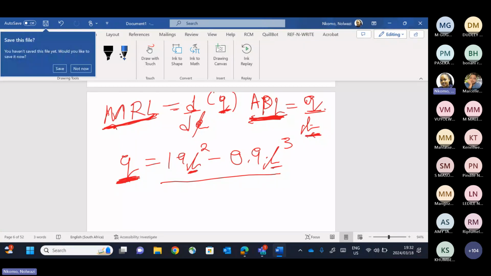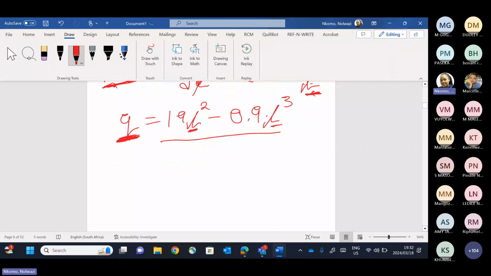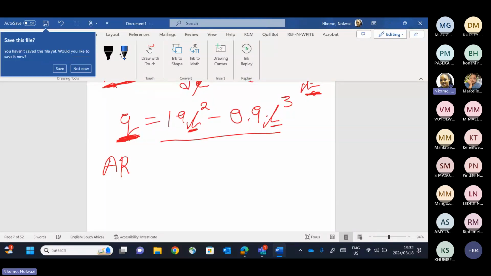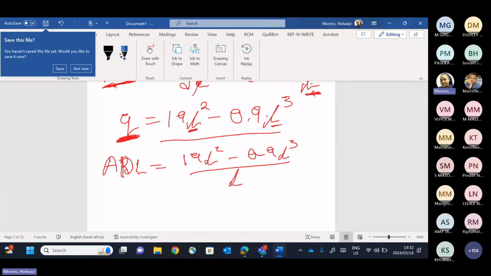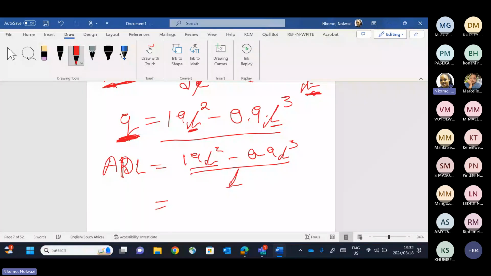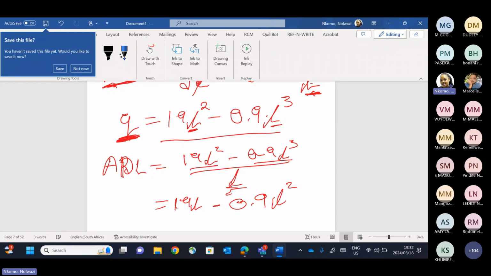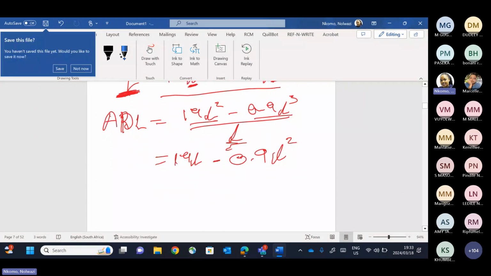So this means our average production of labor equals 19 L squared minus 0.9 L cubed divided by L. You divide this, you'll find 19L. Divide this, you'll find minus 0.9 L squared. But we were not asked to find the average production of labor in general.